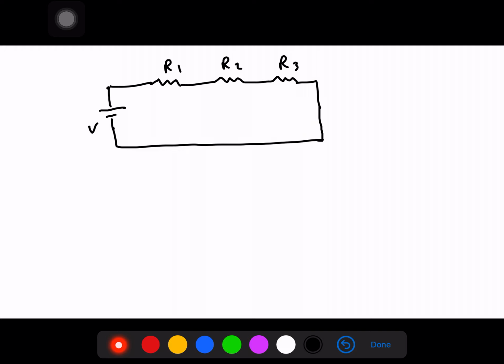Instead of Z1, Z2, Z3, we are taking R1, R2, R3, and this is the current I. So according to KVL, since we are applying KVL here, we will get V is equal to IR1 plus IR2 plus IR3. This we already know. Now how to draw the dual of this circuit?